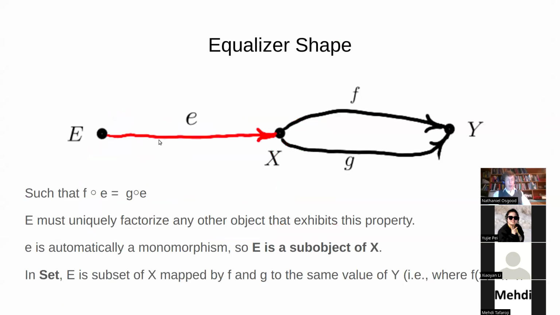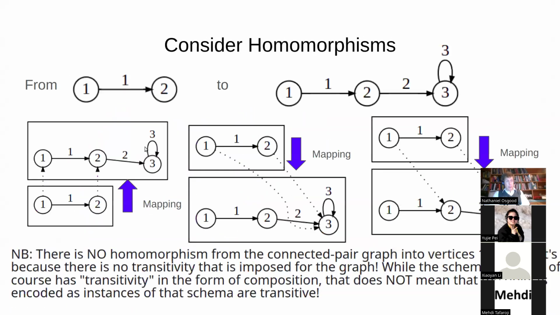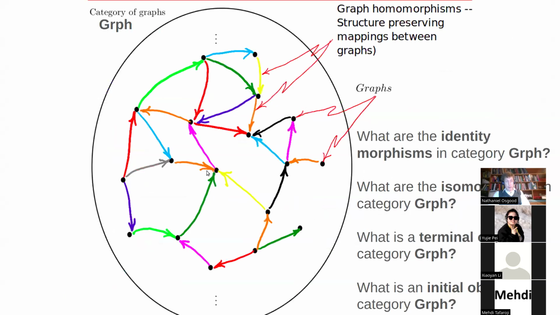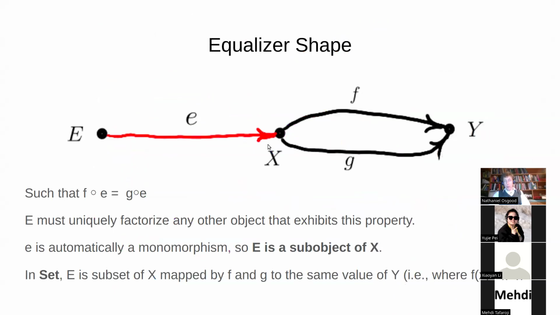If we had an equalizer, each of these morphisms in this category, we could have an equalizer shape within our C-set category. Within this sort of category, for example, for graphs, we could have an equalizer shape, and each of these morphisms would be a graph homomorphism. So this would be one graph, this would be another graph, this would be another.